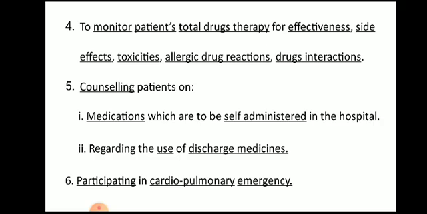Then they can also do charting of all the medications which are given or administered. Charting means listing out. They can also take part in the resuscitation of the patient if any problem happens. In case of emergency, there are chances, so they have to take part in these emergencies also.